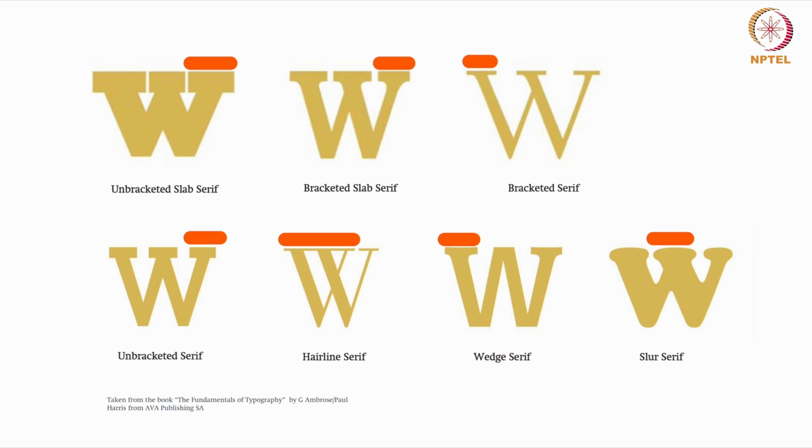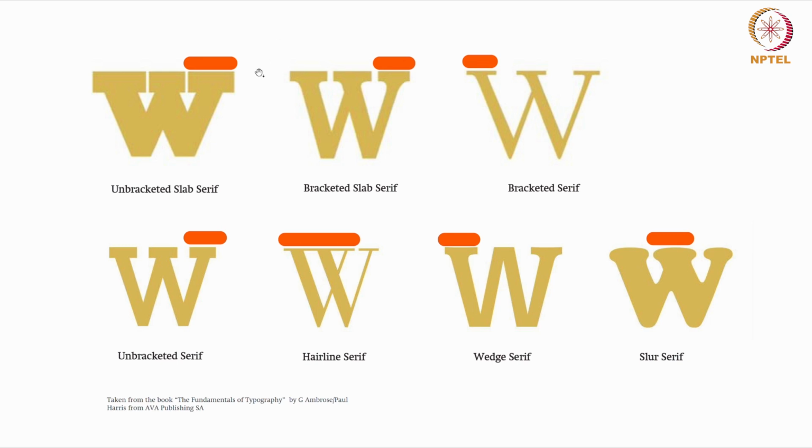Also, just based on the form of the decorative lines attached to the end of the letters, they can be identified differently. For example, the first case where you have unbracketed slab serif. So you have a sharp angle and then a straight slab attached, where you will find a very thick slab-like structure which is attached to all the terminals.